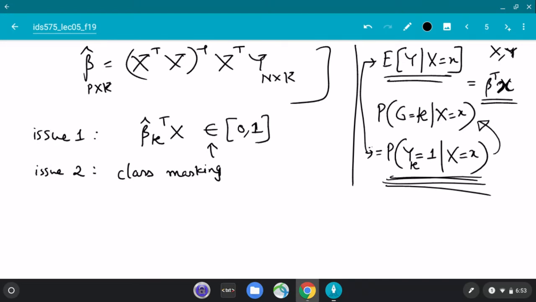As long as it's acceptable, it's okay. So the second issue is class masking, and that's what I'm going to spend a couple of minutes on. These are just issues I'm pointing out for trying to do classification with regression. Therefore, we'll move to some other techniques which at least don't have these two issues, which are linear discriminant analysis and logistic regression.